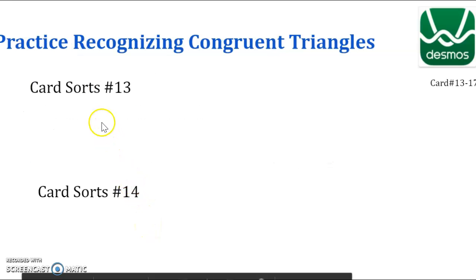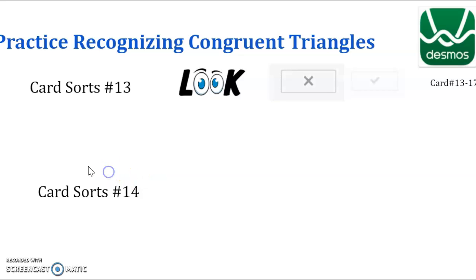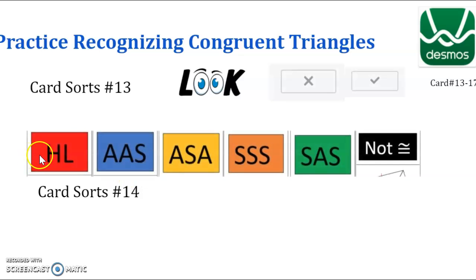So right now you are going to go on to cards 13, 14, 15, 16. As you do, you should be looking for HL congruence, AAS congruence, ASA congruence, SSS congruence, or SAS congruence, and which are not congruent.